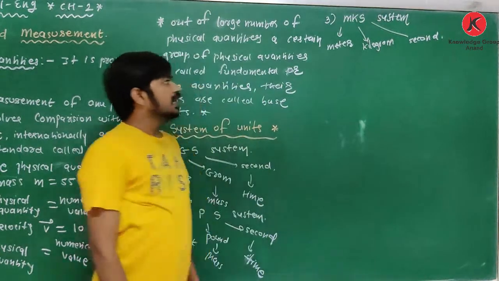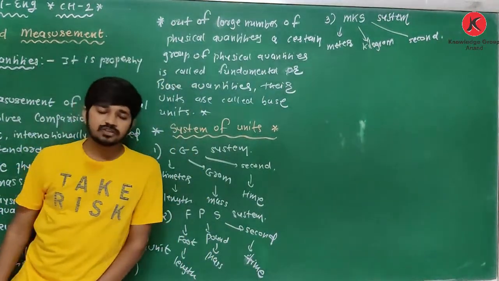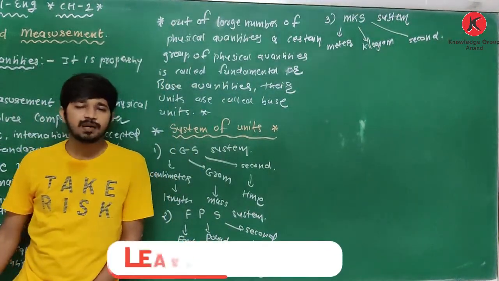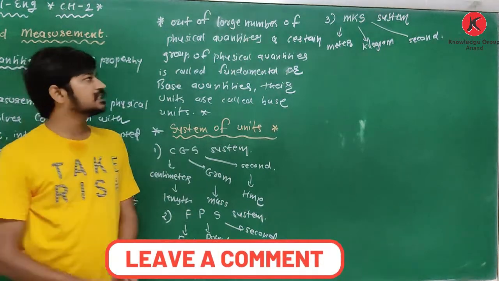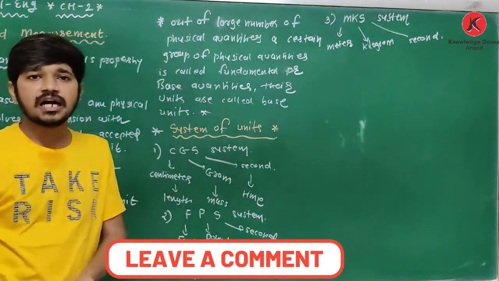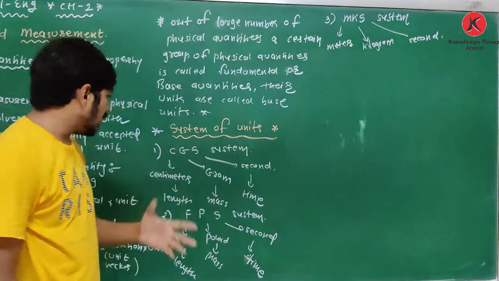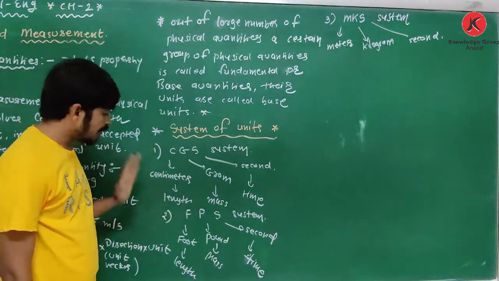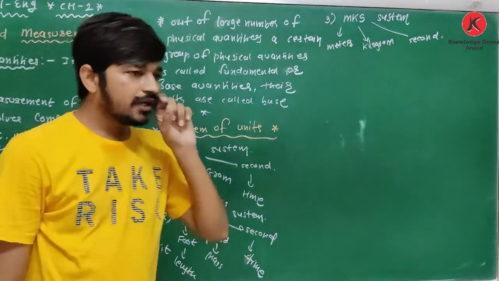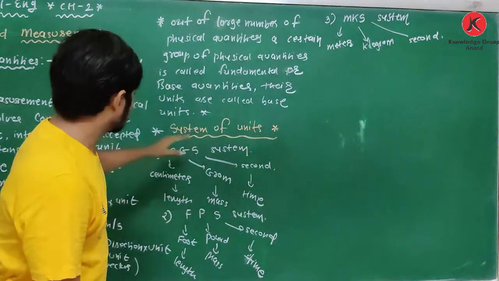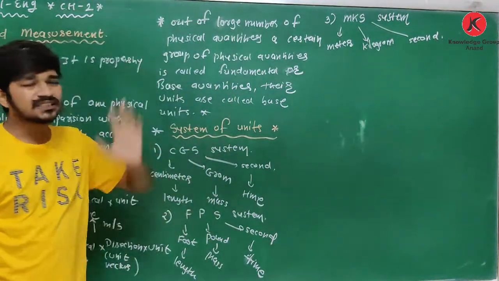So again in MKS system there are three fundamental quantities: length, mass, and time, but their units are different. Clear? So till now, CGS, FPS, MKS, different systems of units have been considered.